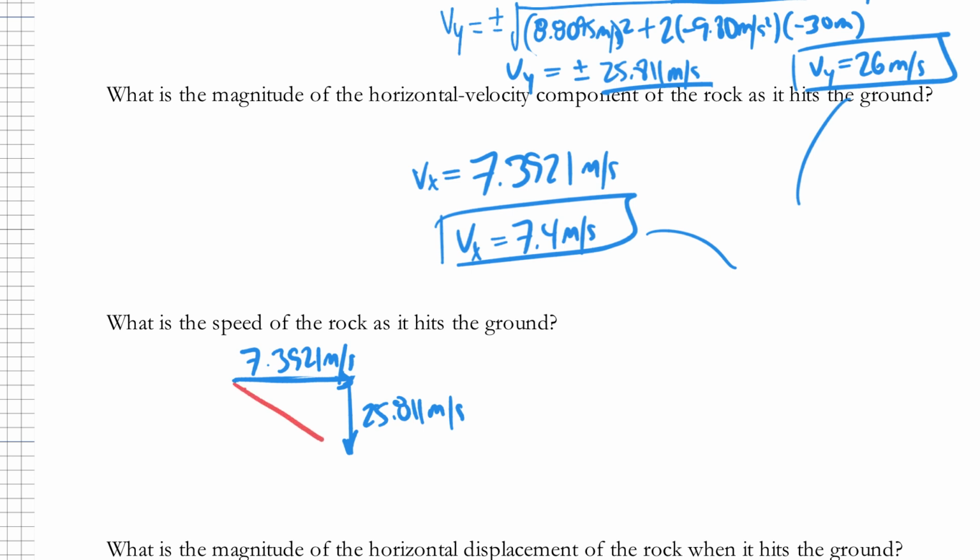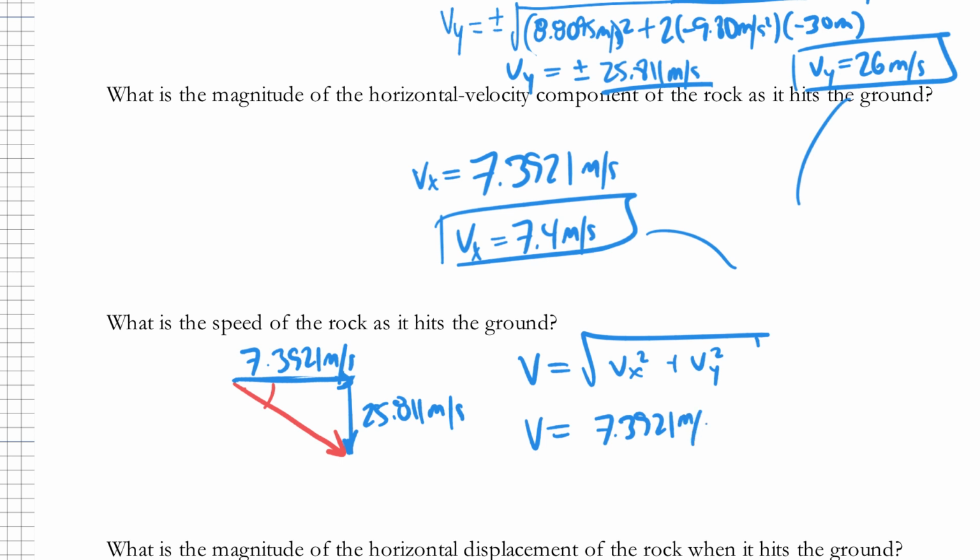So the speed is that hypotenuse, right? We're not going to worry about the angle, but if we wanted the angle, we would do the inverse tangent of 25.811 over 7.3921. The hypotenuse is just going to be v, the square root of vx squared plus vy squared. So v equals the square root of 7.3921 meters per second squared plus the vy, which is 25.811 meters per second squared.